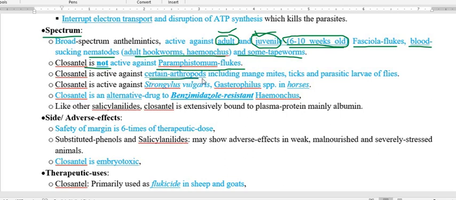Examples of arthropods are mange mites, ticks, and parasitic larvae of flies.